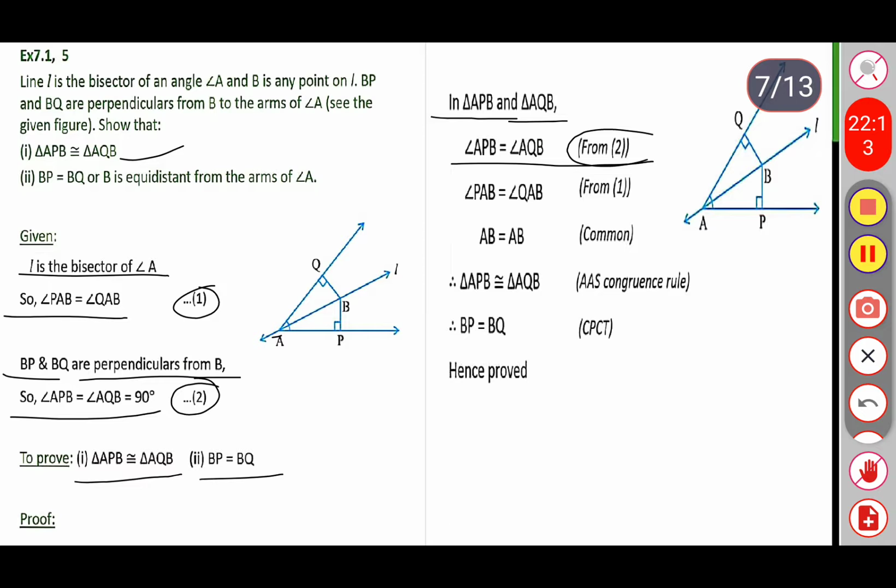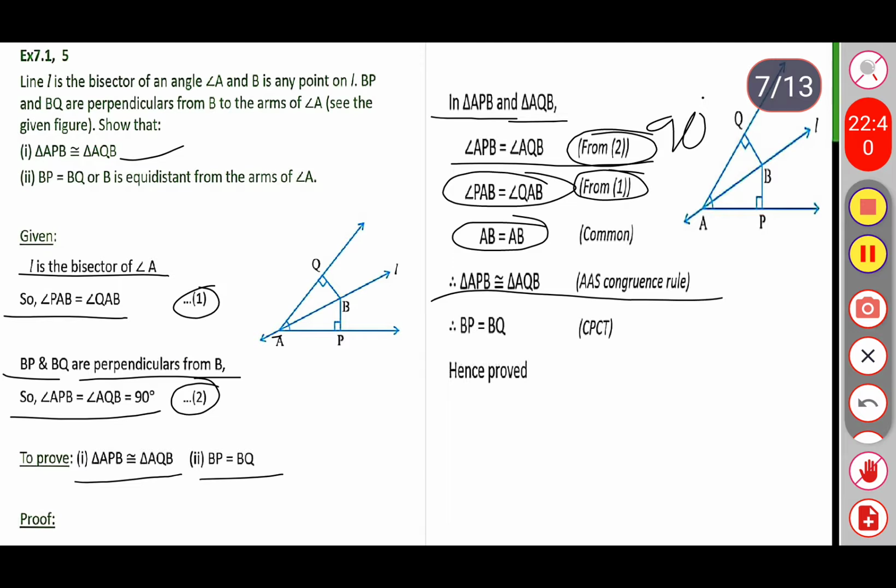And from equation 1, we already know that angle PAB is equal to QAB, because here L is the line which bisects the angle A. And third one, AB is the common side for both triangles. Therefore triangle APB is congruent to triangle AQB by using the congruence criteria AAS.